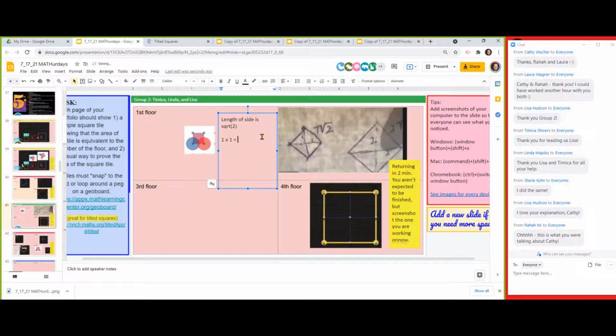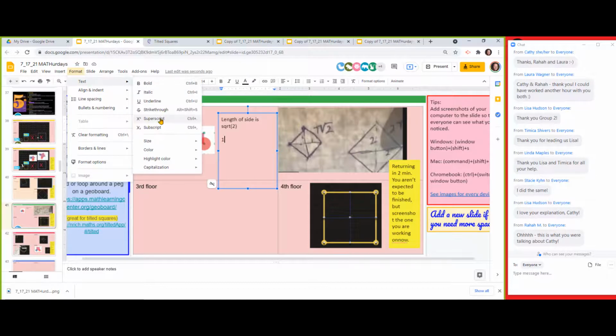The hypotenuse then would be the square root of 2. So this over to the right-hand side, that shows a length of 1 times the square root of 2, and then each smaller piece inside is 1. So if we work this, each of the smaller triangles is a half square unit. So 4 halves give us 2 whole square units.